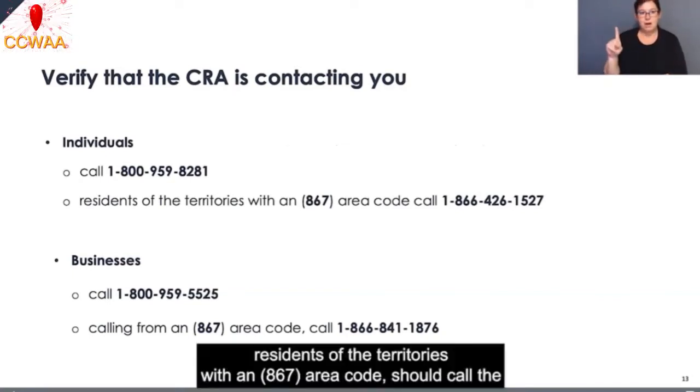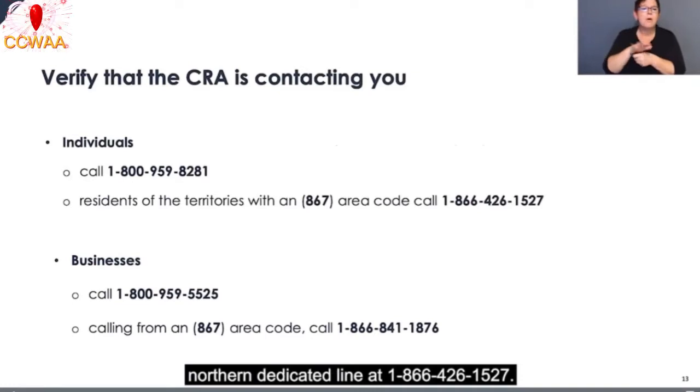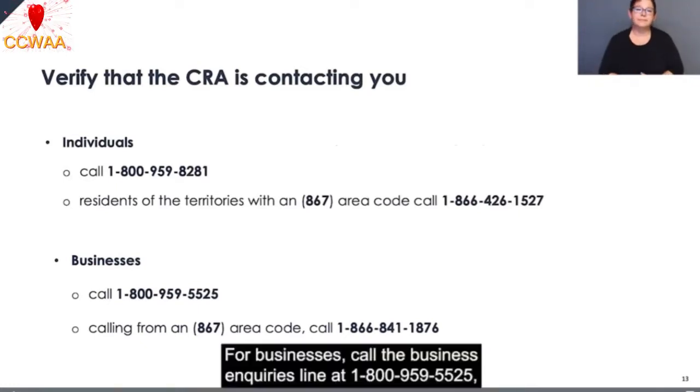Residents of the territories with an 867 area code should call the Northern dedicated line at 1-866-426-1527. For businesses, call the Business Inquiries line at 1-800-959-5525.